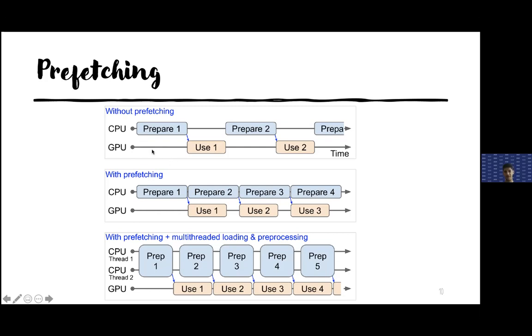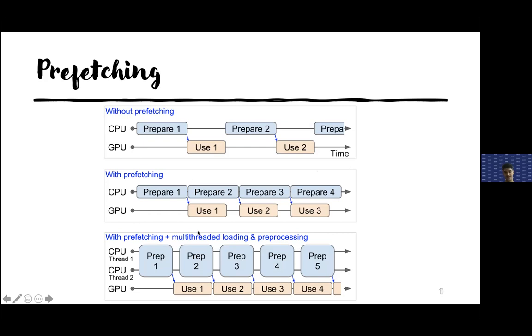So in a normal sequence, you would prepare the data, do any pre-processing or data transformation in this step, and then transmit that to the GPU for training. Then you'd prepare a second batch, use it in training, and it would go forward like that. With prefetching, you would do these steps in parallel.